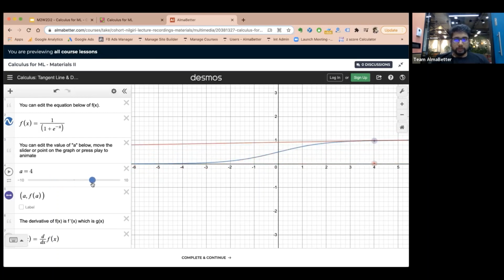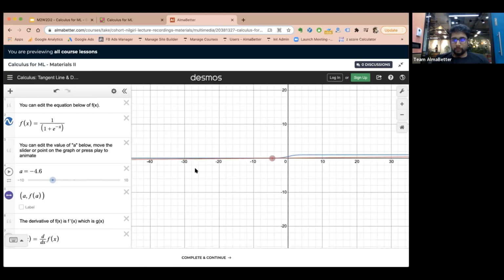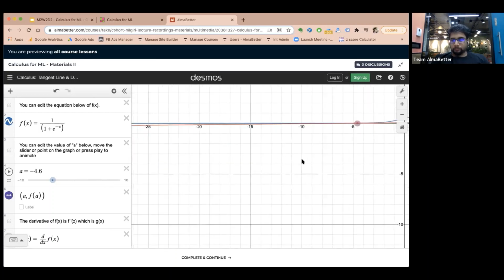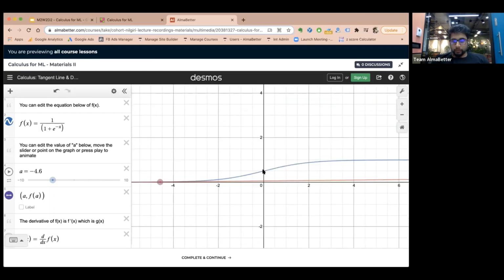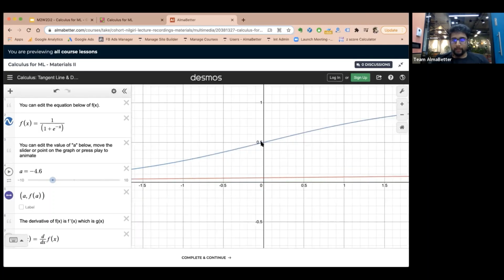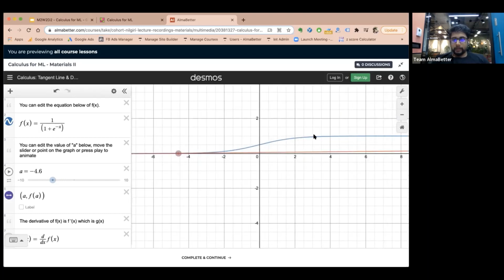If you see the properties of this function, it lies between 0 and 1 only, and you can see the whole function lies between 0 and 1, right? So it takes a value of 0.5 at x equal to 0. Okay? At x equal to 0, it takes a value of 0.5. Okay? And it's like a symmetric function with respect to the y-axis.